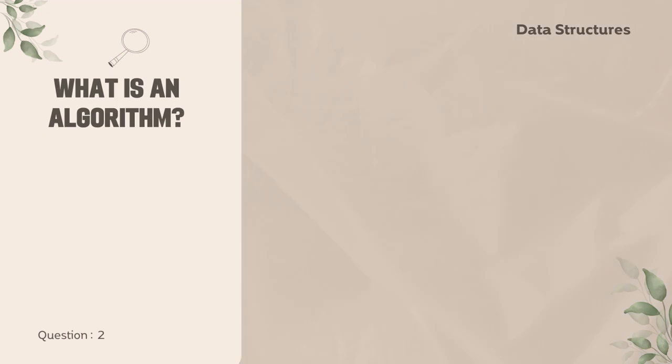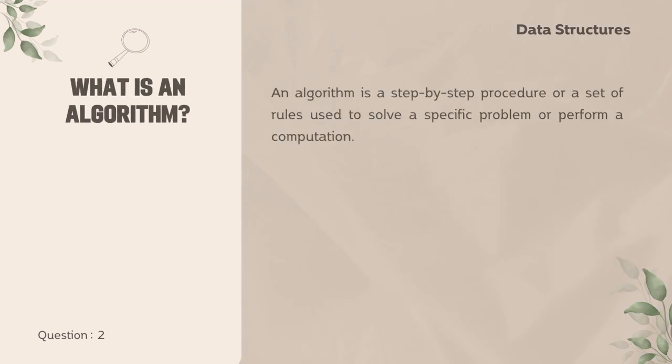What is an algorithm? It is a step by step procedure or a set of rules used to solve a specific problem or perform a computation. We can say that it is a systematic approach to solving problems or performing computations. It is essentially a well defined step by step procedure or a set of rules that provides a clear sequence of actions to achieve a specific objective.